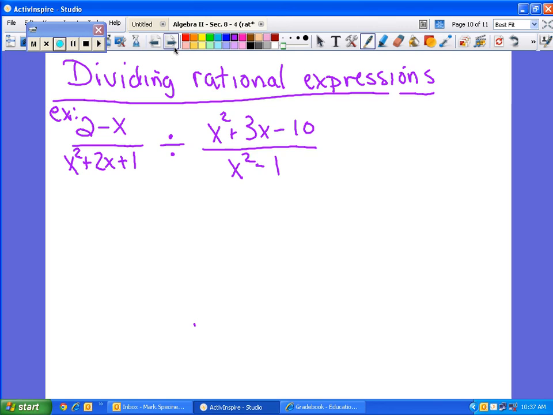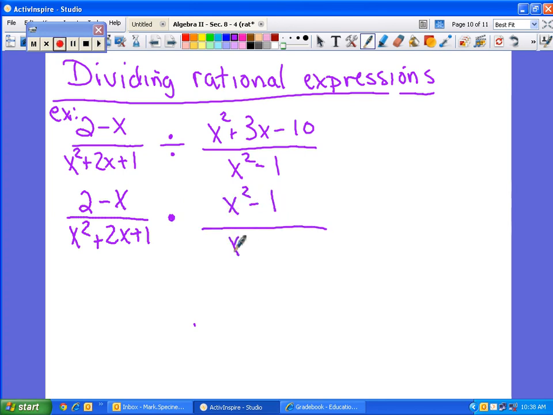So the first step is to simply take the second fraction and flip it, take the division sign and turn it into a multiplication sign. So the first fraction stays exactly the same. My division becomes multiplication. X squared minus 1, x squared plus 3x minus 10.